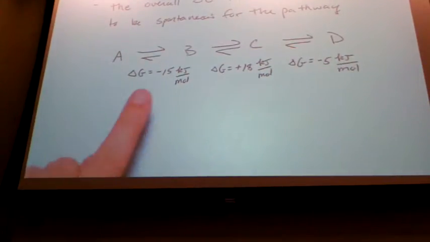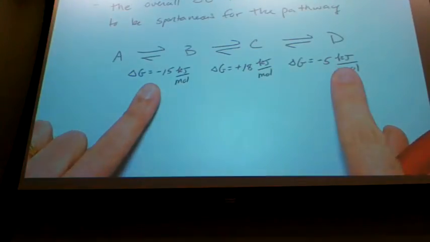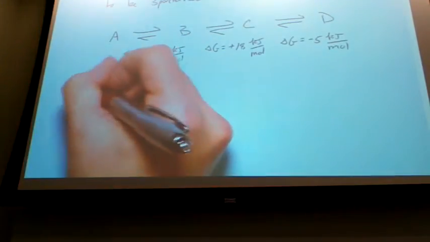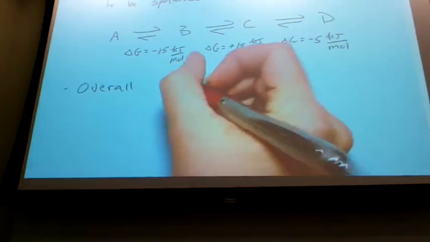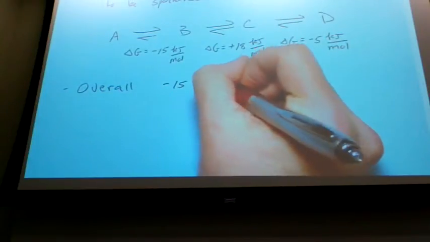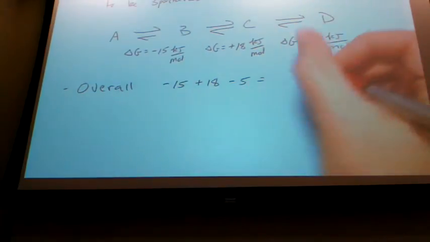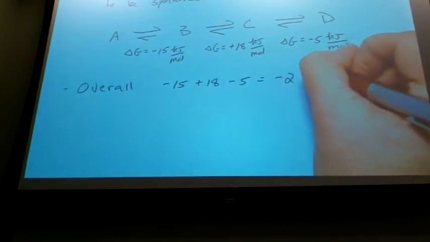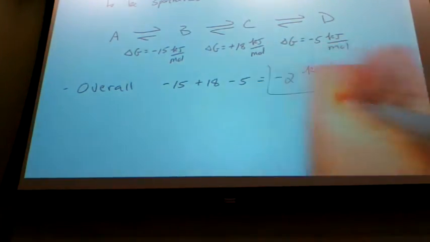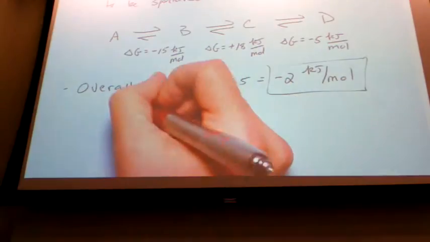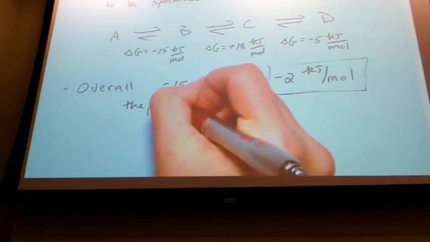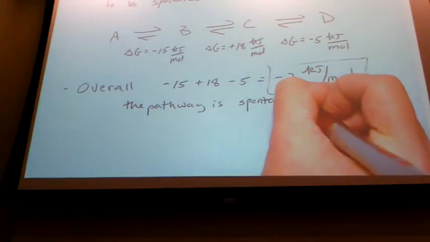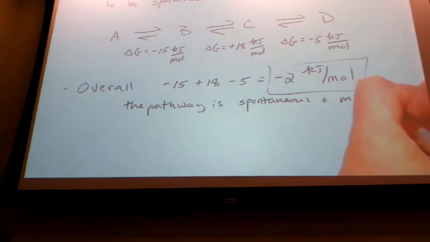So the first step is spontaneous, the last step is spontaneous, but the middle step isn't. But if you add all those up, overall, my negative 15 plus 18 minus 5 is what? Negative 2 kilojoules per mole. So overall, the pathway is spontaneous and moves towards D.